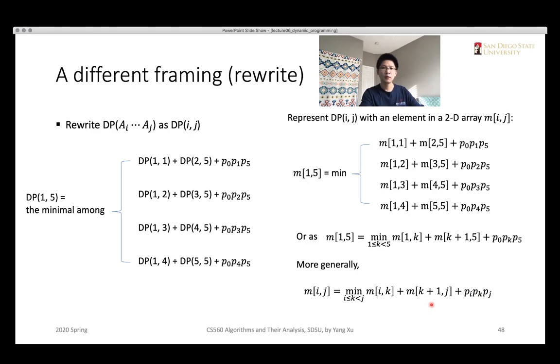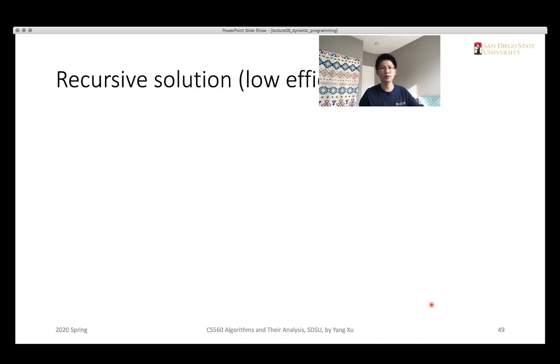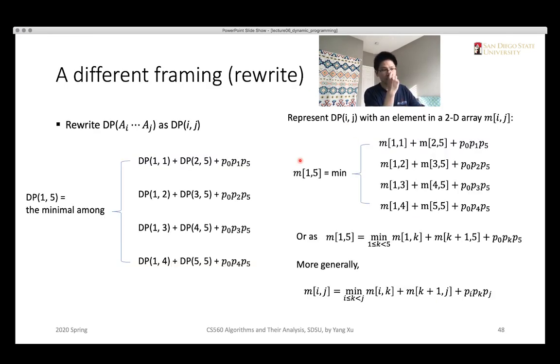So now we are pretty close to how dynamic programming will be implemented, but given this general form of optimal substructure, we can easily implement some recursive but non-dynamic programming approaches. Like we can easily write some recursive algorithms.